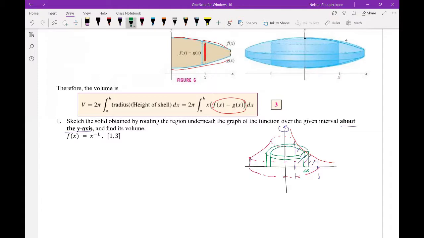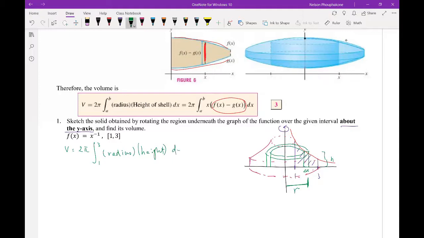Then you will see that this is my r, this is the radius, and this is the height that we have. Okay, so then the volume will be 2 pi, we integrate between 1 and 3. Okay, so again, we are working with the radius times the height.